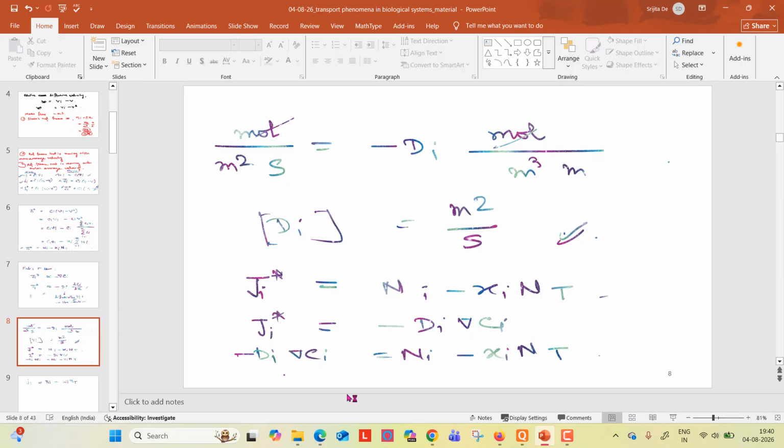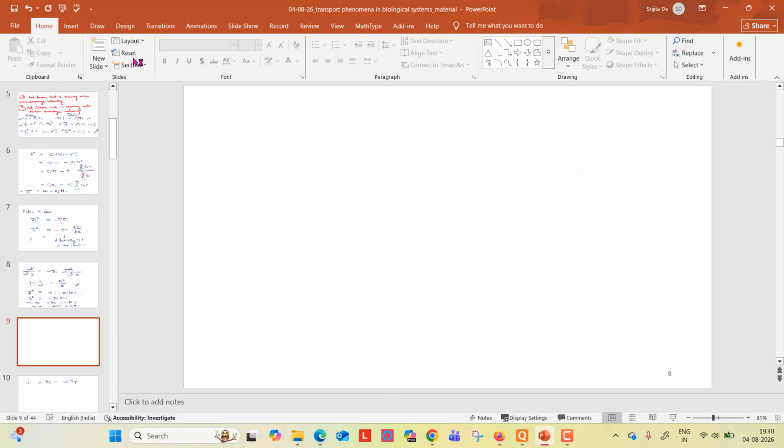So Ni will be minus Di grad Ci plus Xi capital Nt. So it is coming from two terms. Ni equals minus Di grad Ci plus Xi Nt. So this is your molar flux.